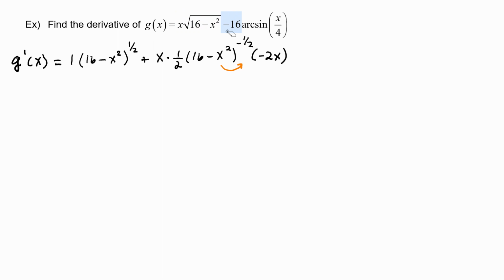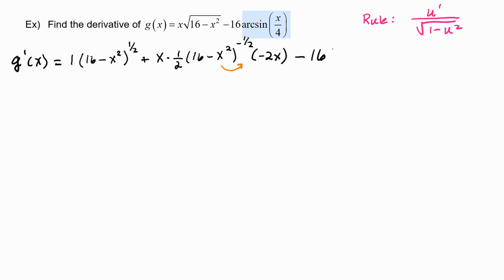Then we have this subtraction and a constant of 16. And now we have to find the derivative of arcsine of x over 4. And the rule for that is going to be u prime over the square root of 1 minus u squared.